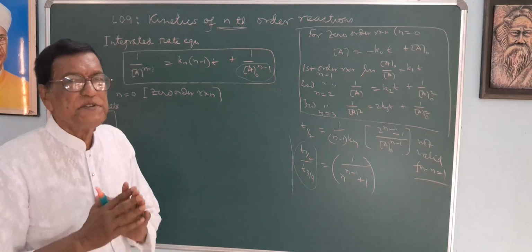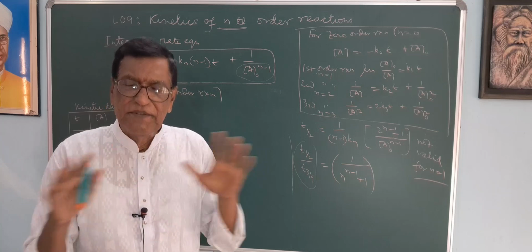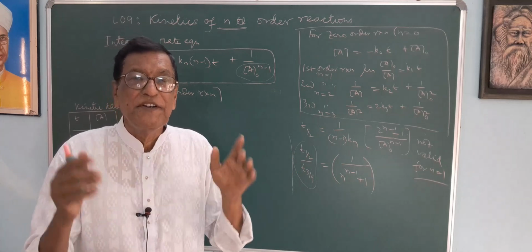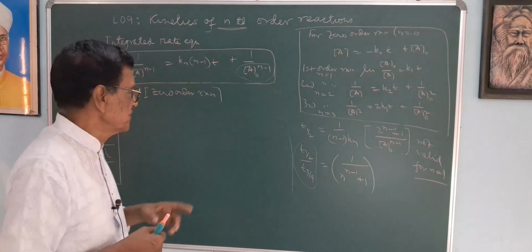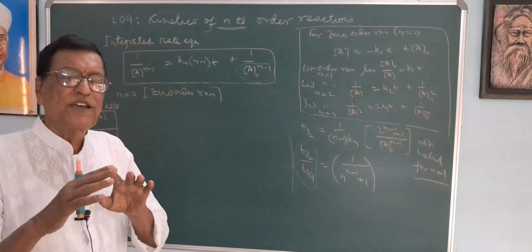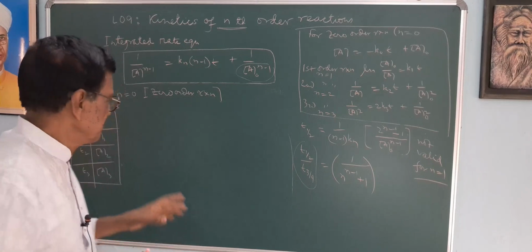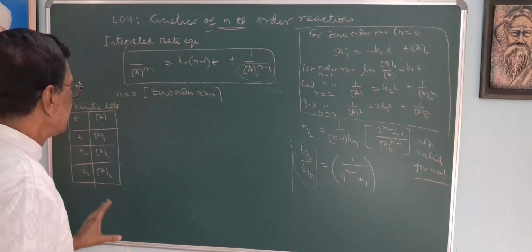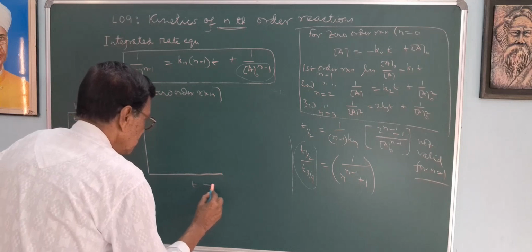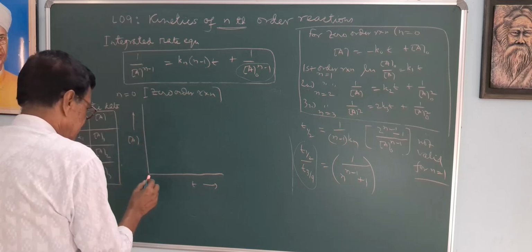These are experimentally measurable kinetic data. After mixing, at different time intervals, you will have to find out the concentration of the remaining reactant, either by physical method or chemical method, as we have discussed in my last lectures. From this kinetic data you can put T along the x-axis and concentration of A along the y-axis.